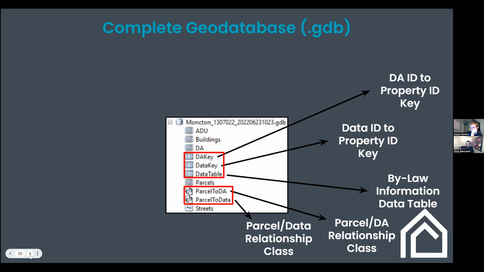One of the main reasons we split up the data table information, which would be those gateways that Fraser showed off earlier, was that we need to keep our data consistent with each city. In our data, the ADU layer, the buildings layer, the DA layer, parcels layer, and the streets layer, all of our spatial data that you see on the website, is consistent with every city uploaded.